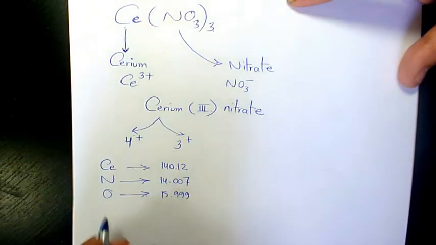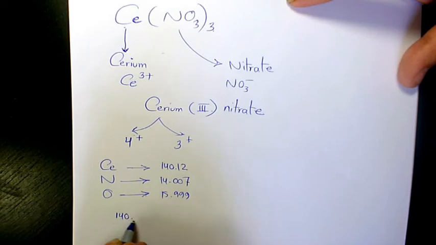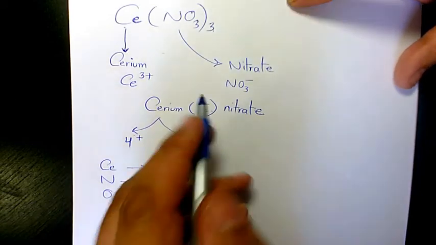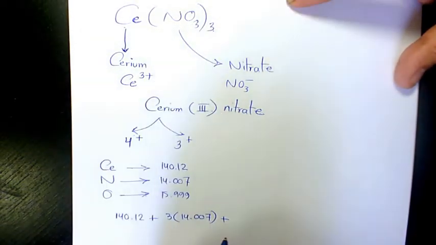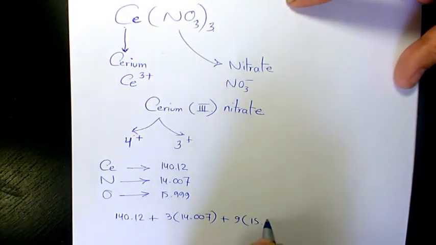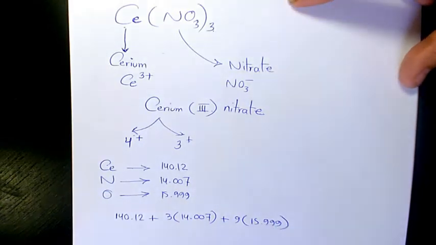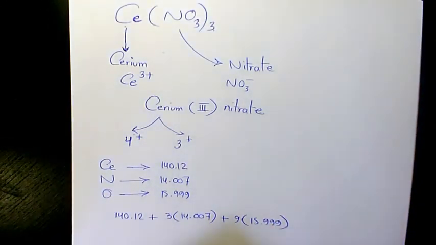We have 1 cerium, 140.12, plus we have 3 nitrogen, 3 times 14.007, plus 9 oxygen, 9 times 15.999. Now you need to calculate it.